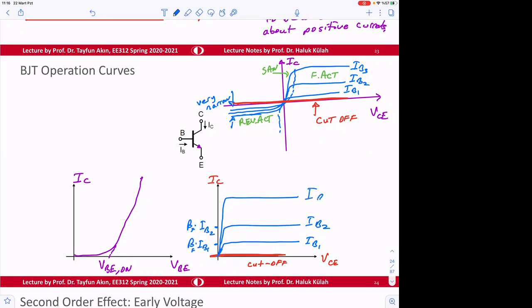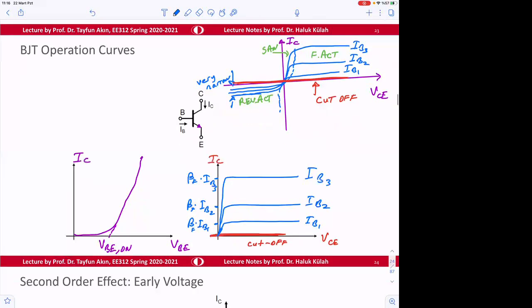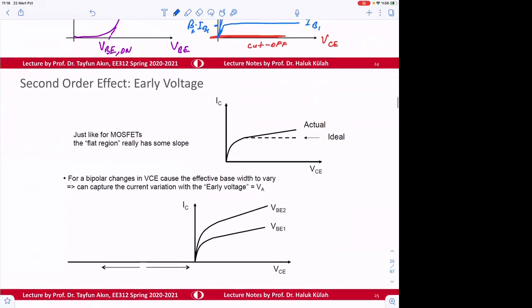And if this is I base 3, this current is going to be beta forward times I base 3. Okay, that's how we define it. You have seen this in detail in the past, so we are just reviewing this.